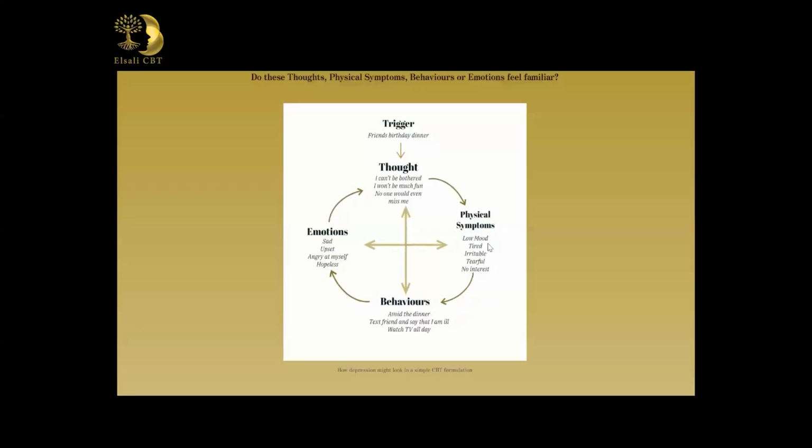So in CBT, this is one of our basic formulations, and we usually do this just after the assessment. So session 1, session 2, you'll usually go through this type of formulation. You may then move on to a much bigger formulation, but this is the basic understanding of how your disorder is affecting you.